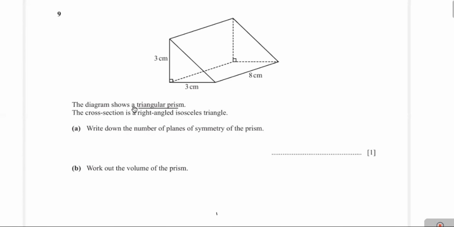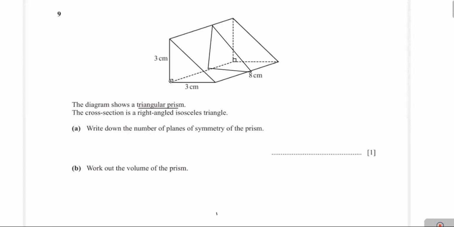Question 9, the diagram shows a triangular prism. The cross section is a right angle isosceles triangle. Part A, write down the number of planes of symmetry. Now you see here, the first plane of symmetry is triangular, when this triangle divides the prism into 2 equal parts.